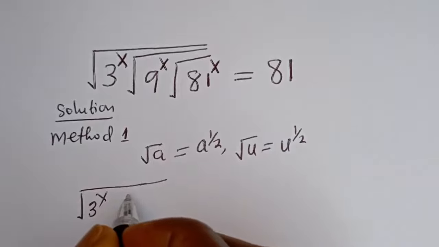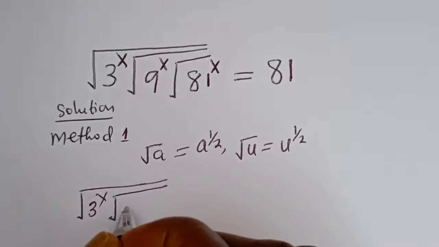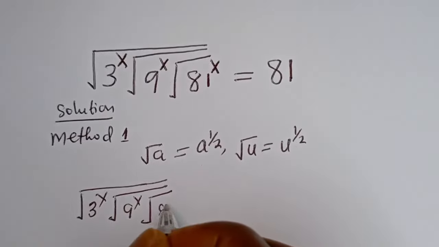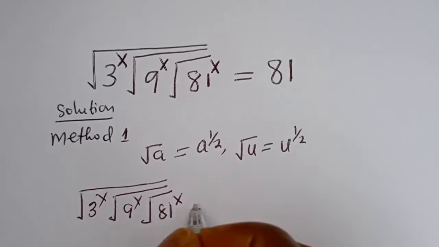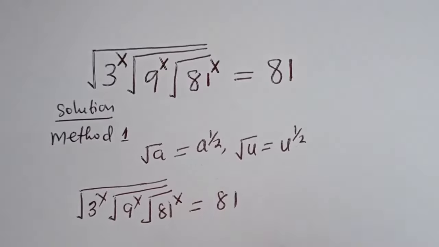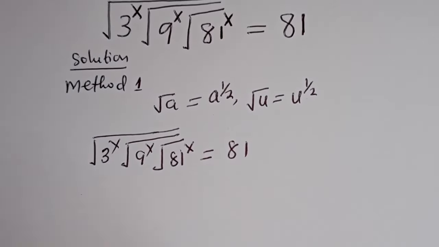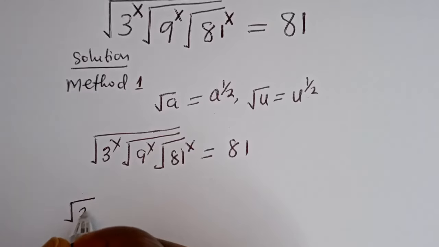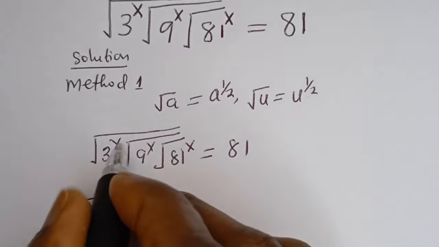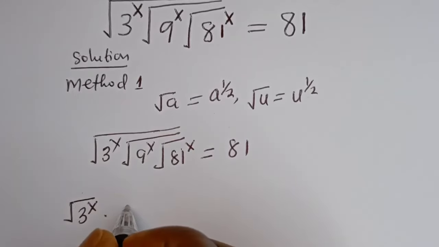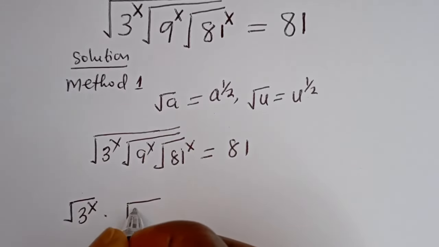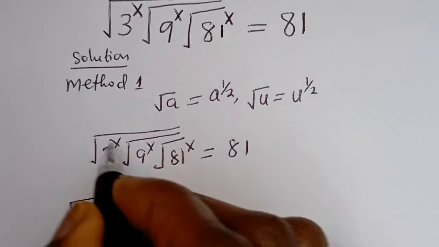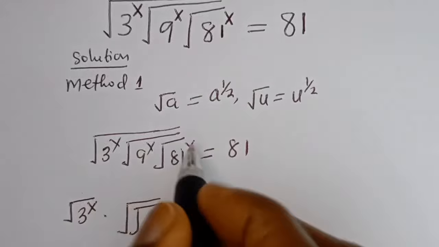3 to the power of x, square root of 9 to the power of x, square root of 81 to the power of x is equal to 81. Then we have the first one, square root of 3 to the power of x, multiplied by square root of 9 to the power of x, multiplied by square root of 81 to the power of x.